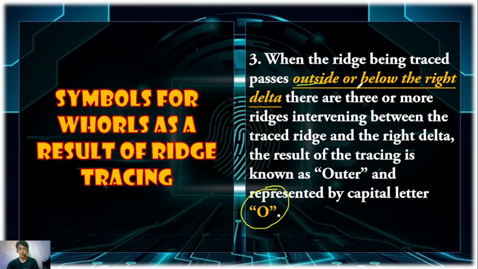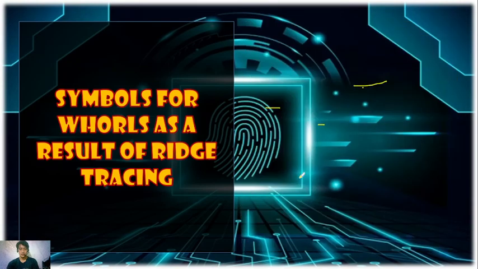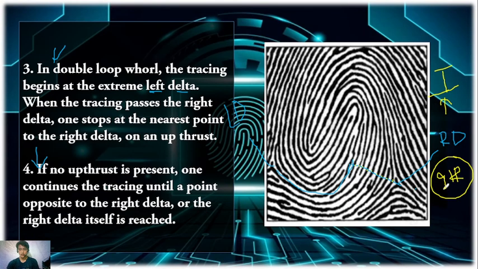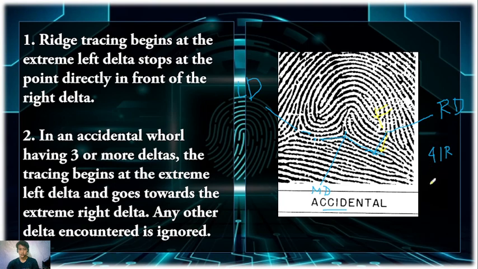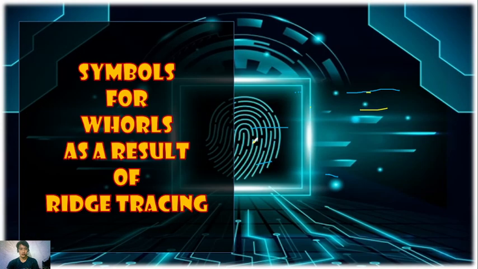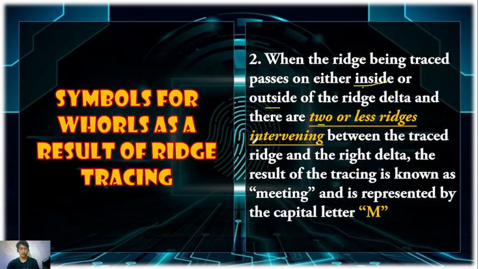So kapag outside or below the right delta, then we can say that is an outer whorl, so long as it is 3 or more intervening ridges. So ganun po yung ruling natin to say if that is an inner whorl or outer whorl.